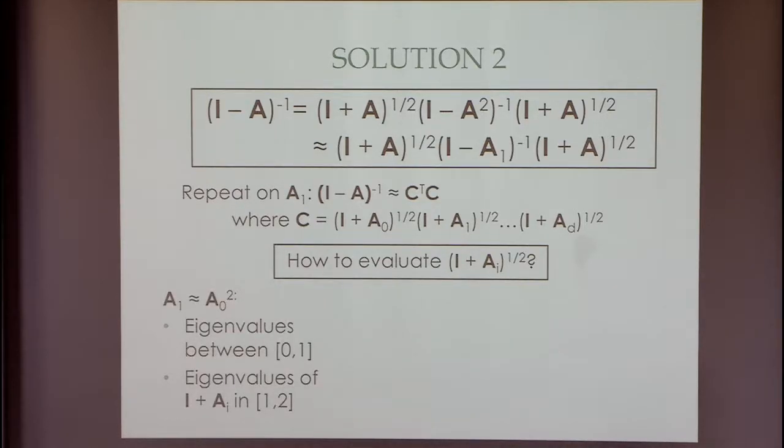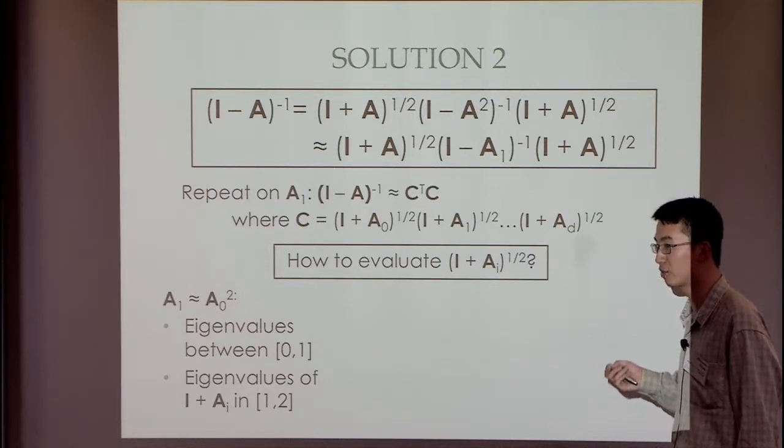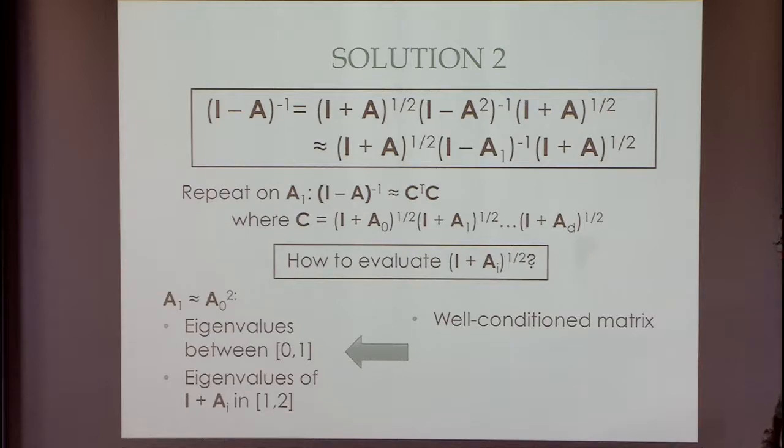But one thing that we do know is that A1 is the square of A0, so all the eigenvalues of A1 are between 0 and 1. So all the eigenvalues of I plus A1 are between 1 and 2. In numerical language, this is a very well-conditioned matrix, and for well-conditioned matrices, pretty much anything works.